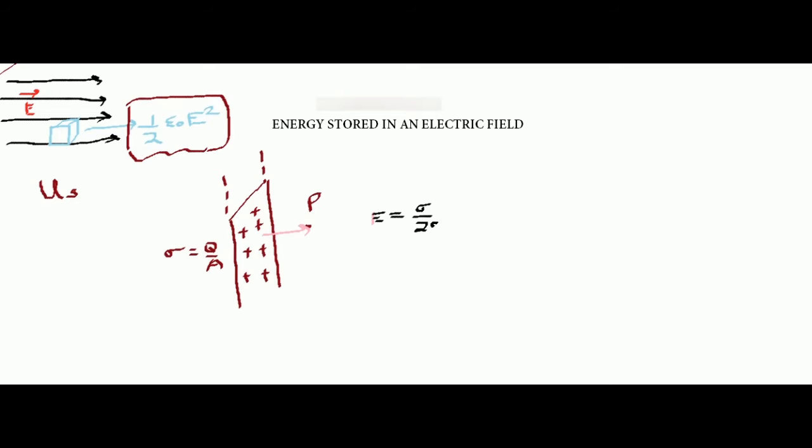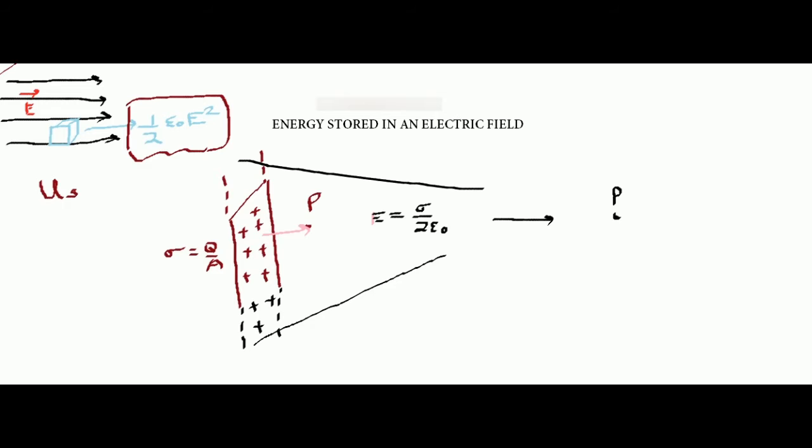This was quite interesting, because it says that for an infinite sheet the electric field is the same and independent of where you are calculating. You can calculate the electric field at this point and it will be the same, because as you go farther away from this sheet, more and more charge on the other side of the sheet contributes to the electric field.